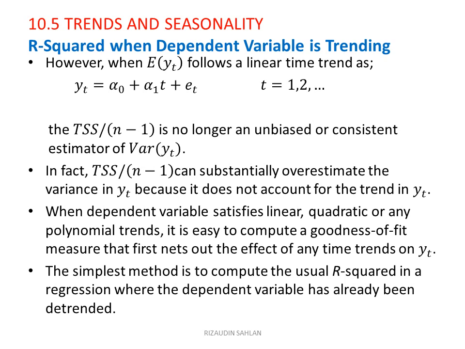However, when Y_t follows a linear time trend, it shows that the total sum of squares divided by degrees of freedom is no longer an unbiased or consistent estimator for the variance of Y_t. So, a simple method is to compute the usual R square in the regression where the dependent variable has already been detrended.